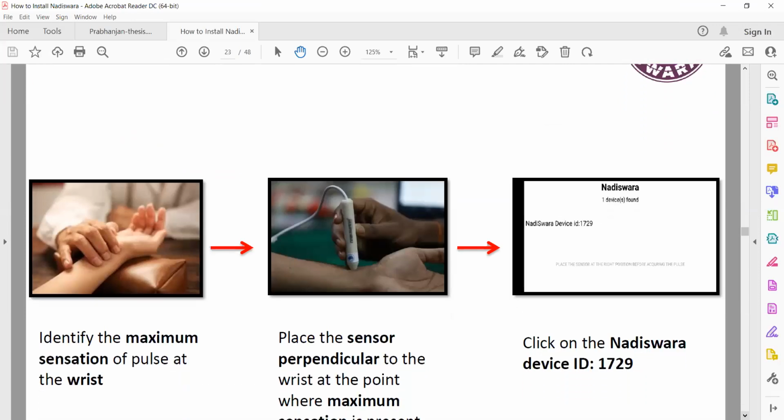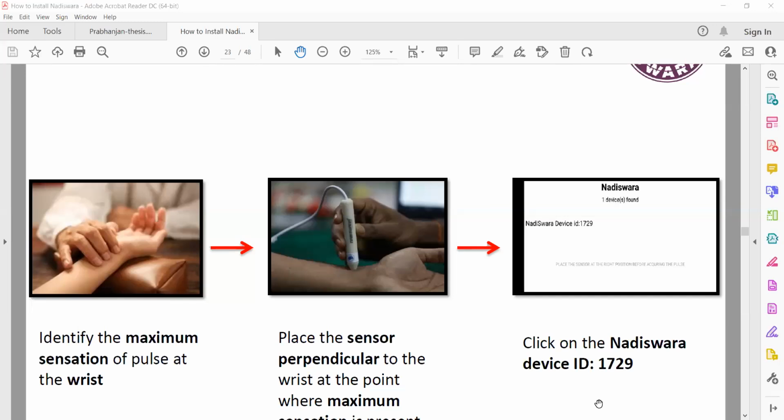After connecting the device successfully, as we demonstrated yesterday, in order to capture the right pulse, we recommend you to follow the traditional nadi examination procedure, where an Ayurvedic practitioner or an Ayurvedic Vaidya uses his 3 fingers to identify the pulse patterns at 3 different locations.